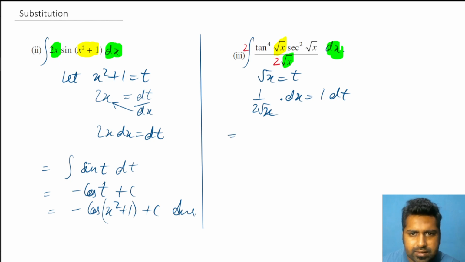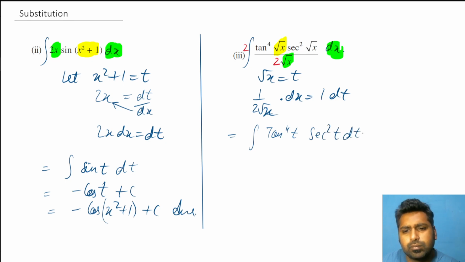So the question will look like this now: integration of tan raised to power 4 t, sec square t dt. Because this dx by root x becomes dt now. Still not too much simplified, but again, if I ask you which one is the weirdest one still out of this, you'll say that because of this power 4, this tan is weird.